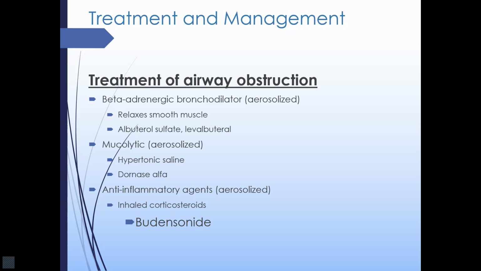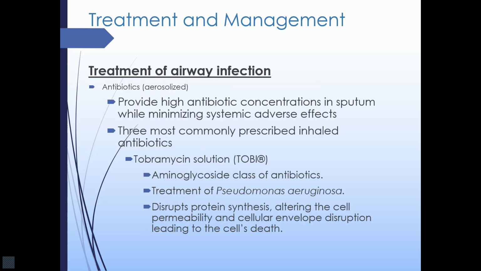Then Dornase alpha, or Pulmozyme, helps break up and cut apart the DNA strands that are making the mucus thick and sticky. Also anti-inflammatory agents such as budesonide or Pulmicort. There are a lot of other inhaled corticosteroids patients might be prescribed, but those help reduce inflammation and prevent further lung damage.